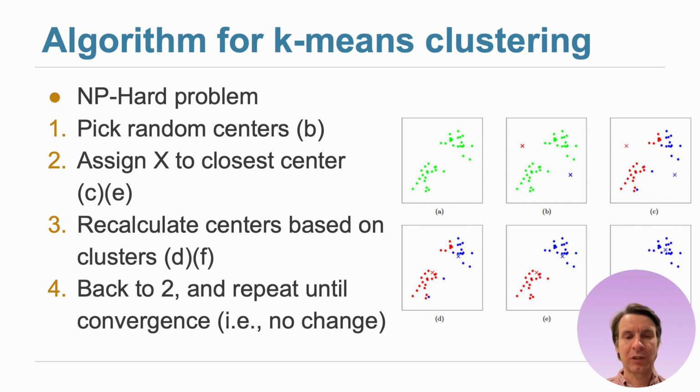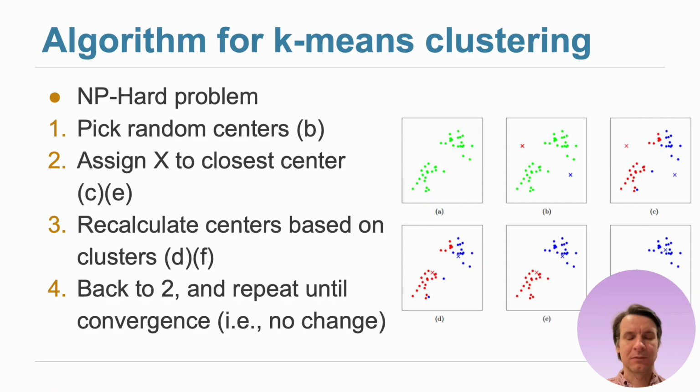Now I have new locations for the centers, and I recalculate where each point belongs. And if I recalculate where each point belongs, I can recalculate where the centers should be. So it's an algorithm that alternates between the locations of the centers and what points are assigned to each cluster.